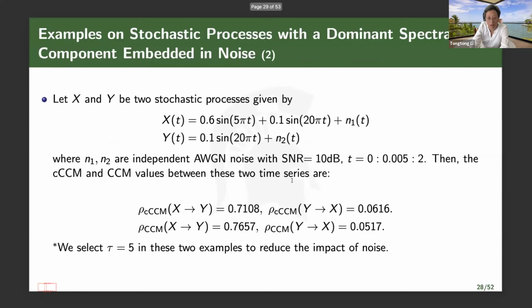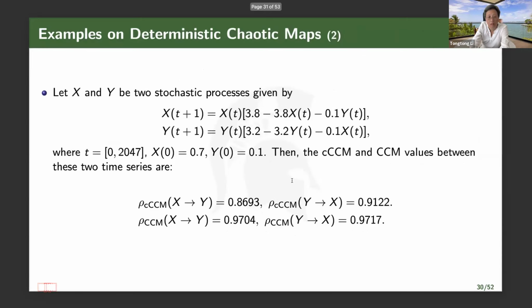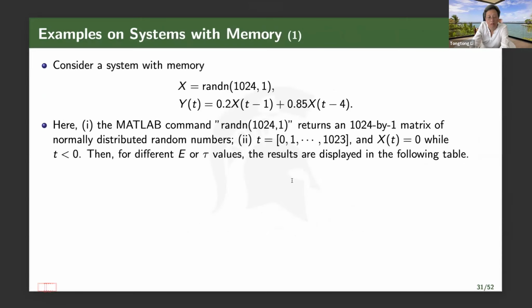If we look at another one, if we consider a system with memory, this is very interesting. We can see that y of t is 0.2 x(t-1) plus 0.85 x(t-4).